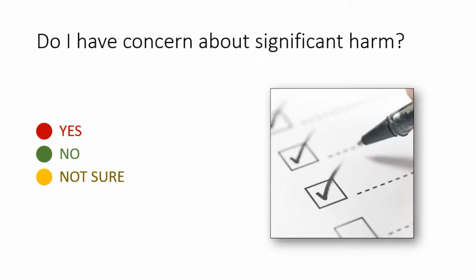No means that you have sufficient evidence that there is no significant harm and no child protection actions are necessary. Not sure indicates that you need to take further actions to clarify your evidence. This may include starting a Stage 2 risk assessment.